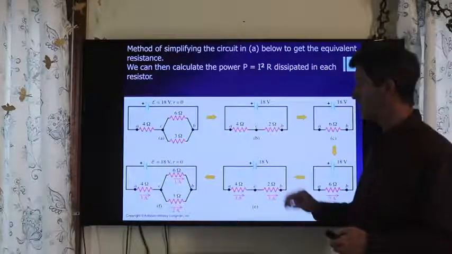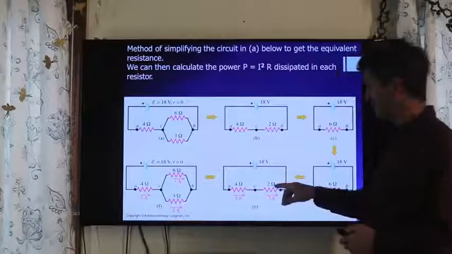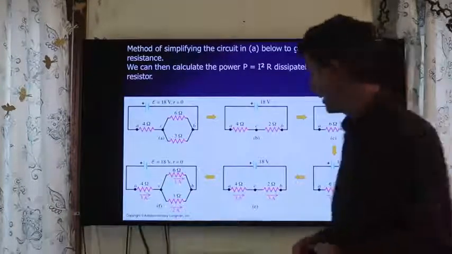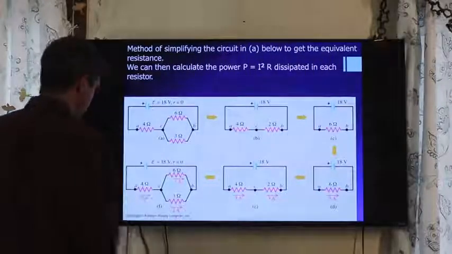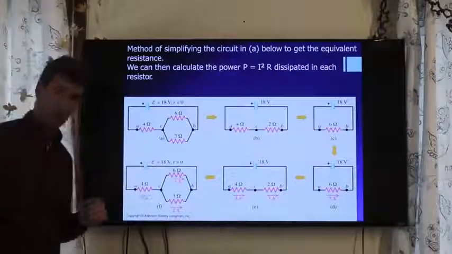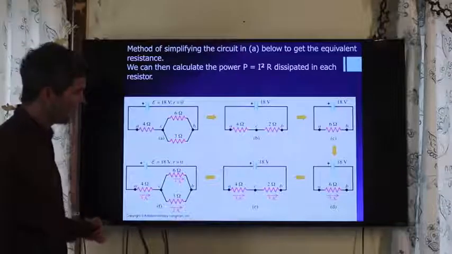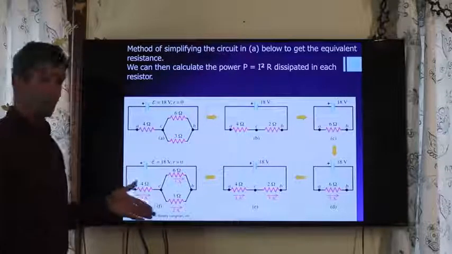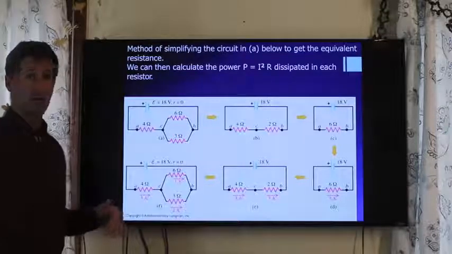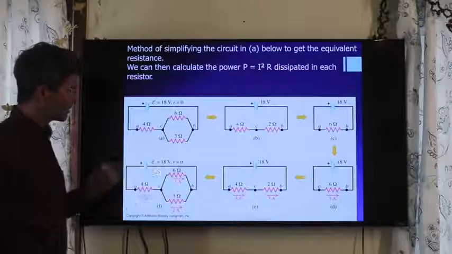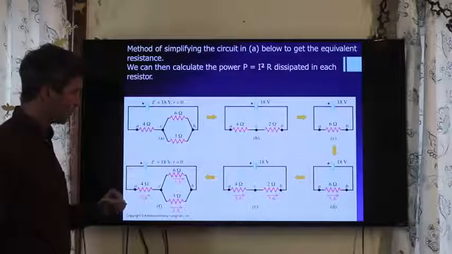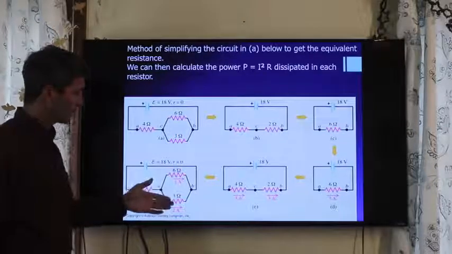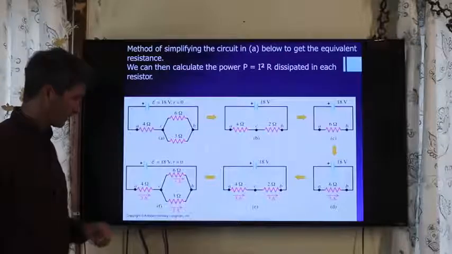Okay? Finally, I work backwards. Across this 2 ohm resistor, I have really 2 resistors in parallel, 6 ohms and 3 ohms. I already know that the voltage here is 6 volts. Right? So I can use I is equal to V divided by R. 6 volts divided by 6 ohms, 1 amp goes through here. 6 volts divided by 3 ohms, 2 amps are going through here.